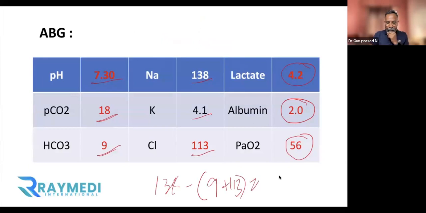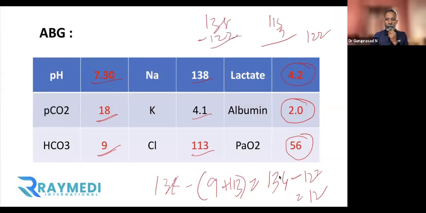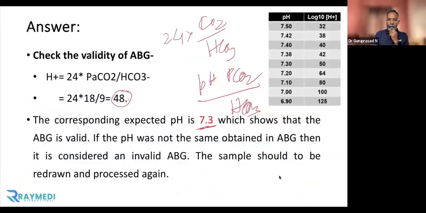So this will be 122. Sorry, it is 122. Okay, so 138 minus 122 is 16. So the anion gap is 16.